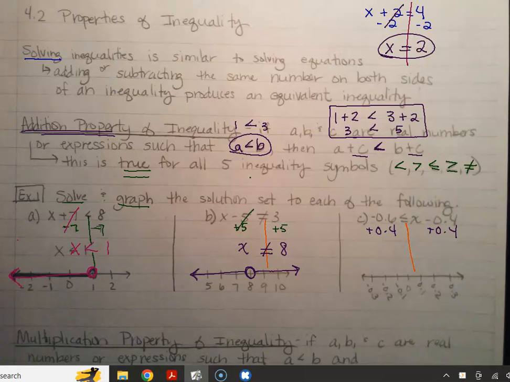Then we have negative 0.6 plus 0.4 equals negative 0.2. We're going to bring down our less than or equal to symbol. And x minus 0.4 plus 0.4, these cancel because they equal 0. So it's just going to leave us with x.